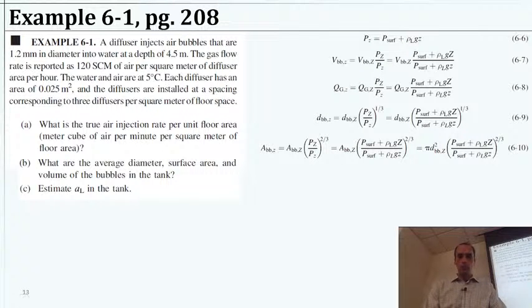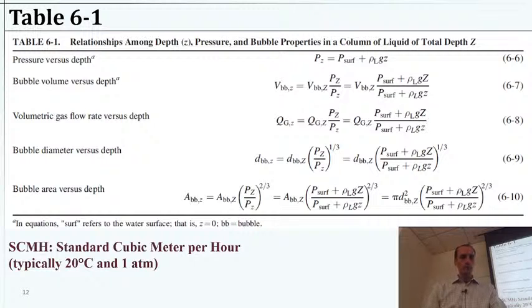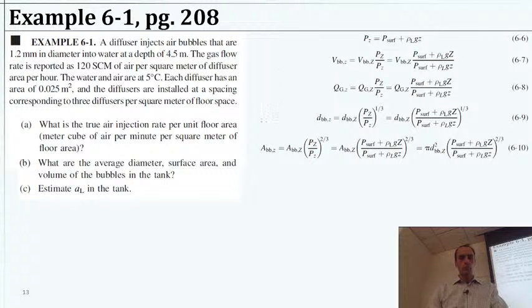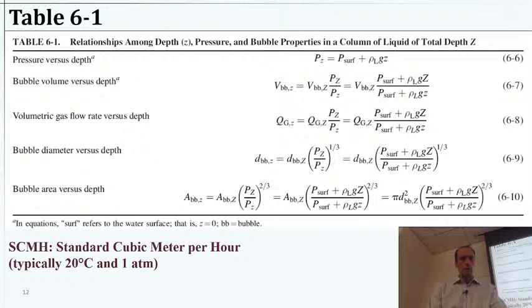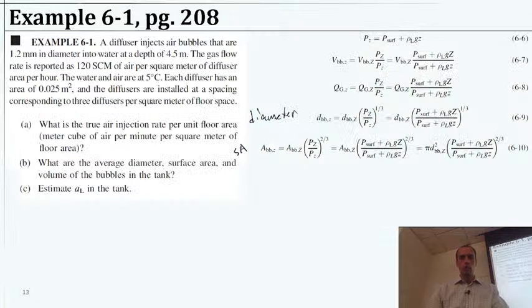So diameter, surface area, volume. Bubble diameter, bubble surface area were the last two, and bubble volume was that second one.